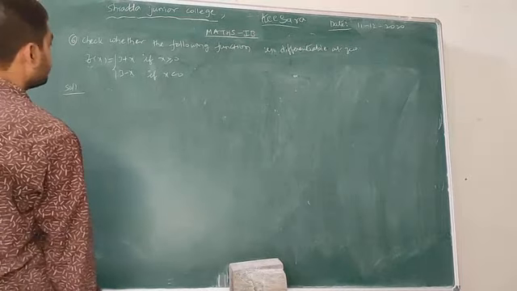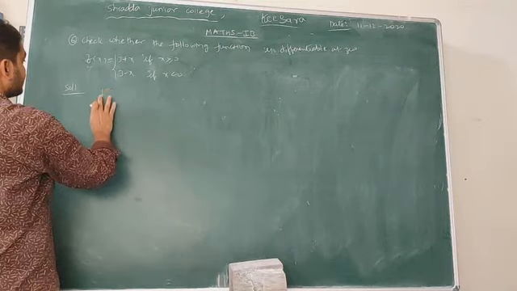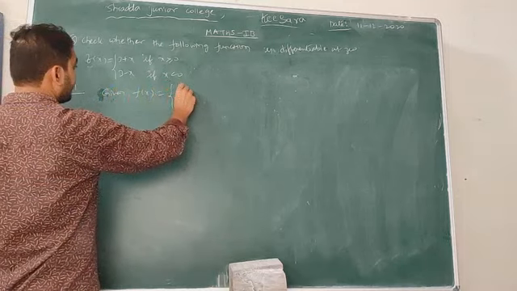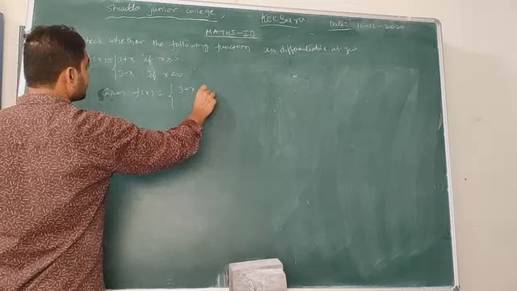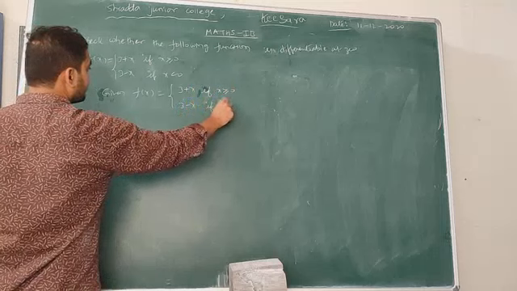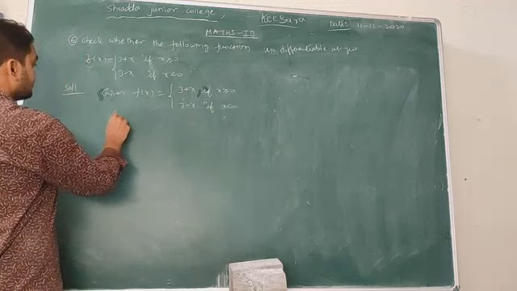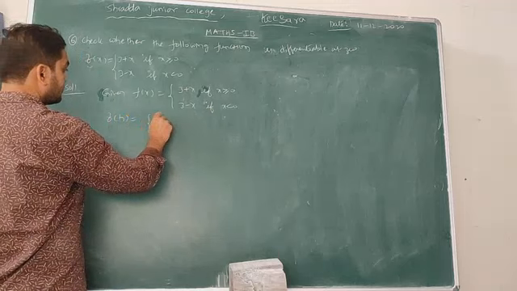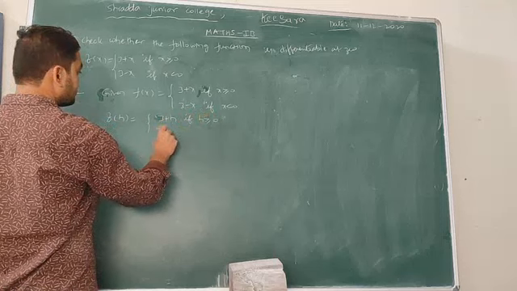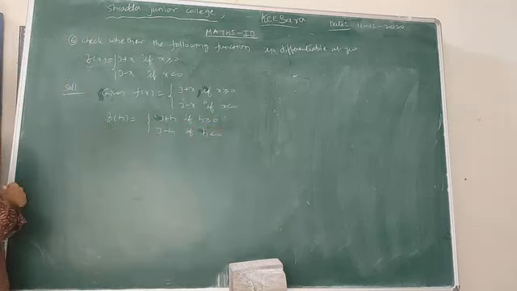We have to show that the left and right hand limits are equal. What is given here? F of x equals 3 plus x if x is greater than or equal to 0, and 3 minus x if x is less than 0. What is f of h here? 3 plus h if h is greater than or equal to 0, and 3 minus h if h is less than 0.